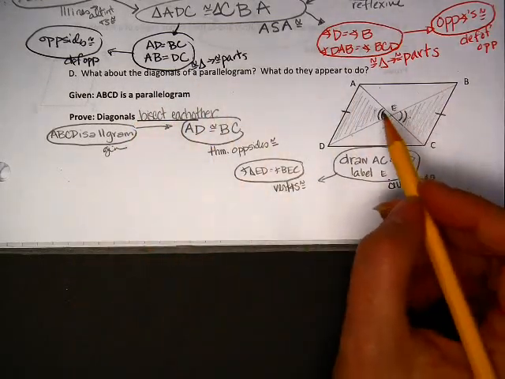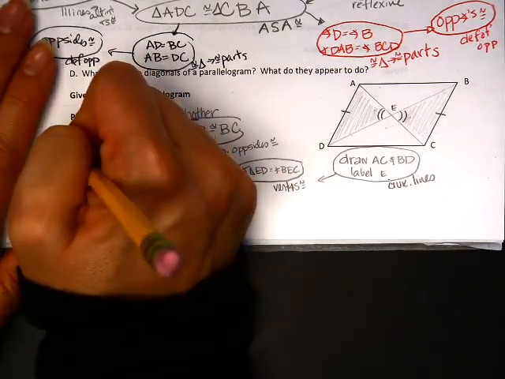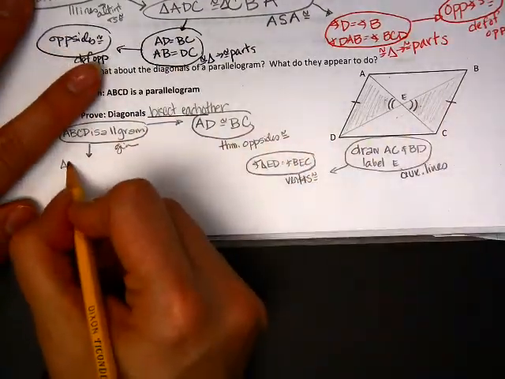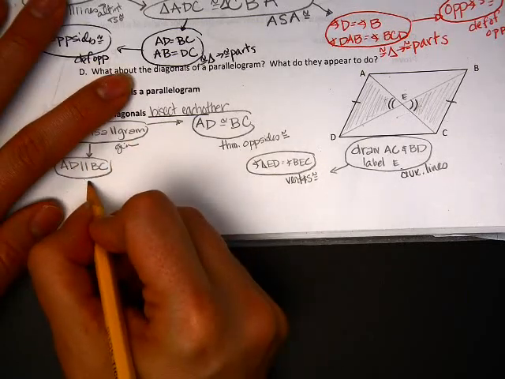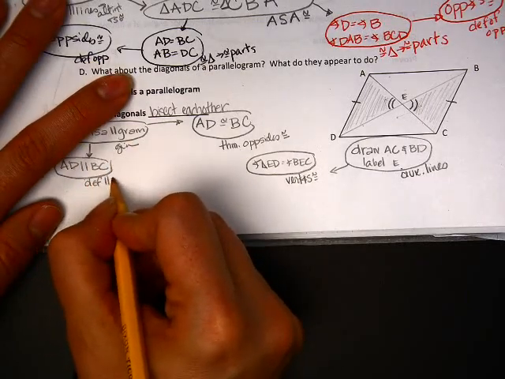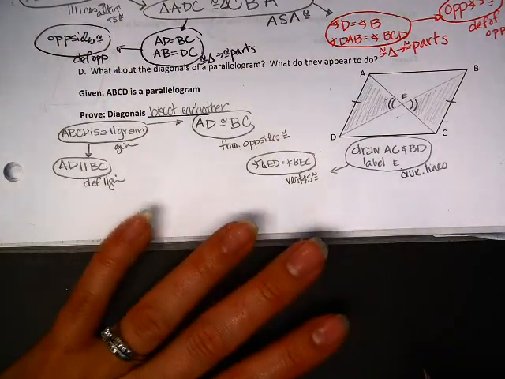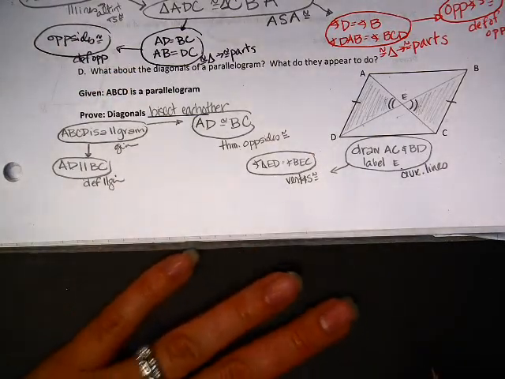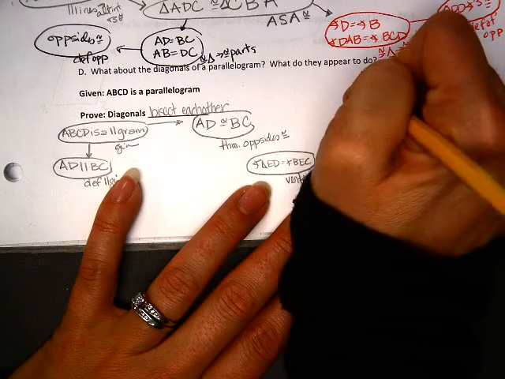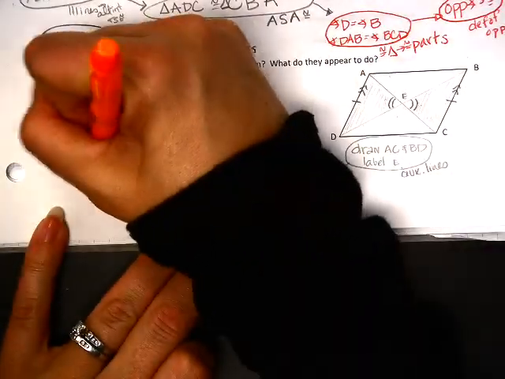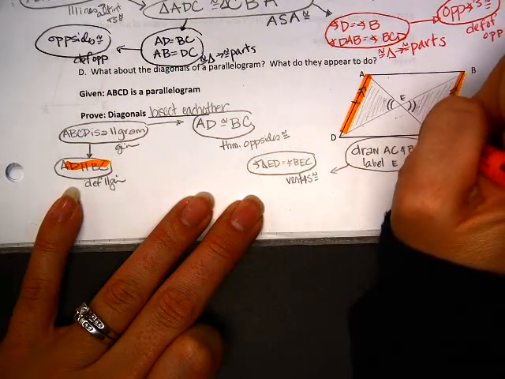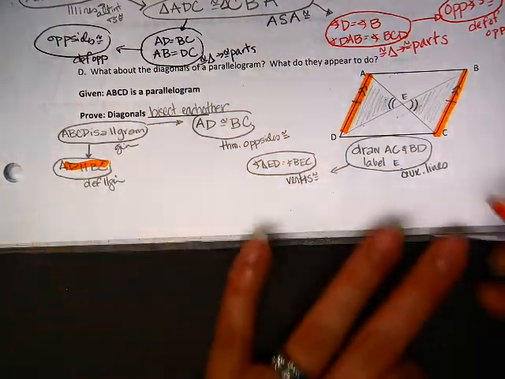I know I'm not going to be able to get these sides because that's what I'm trying to prove anyhow. But what I can do is use the definition of a parallelogram and get that AD is parallel to BC. And think about it. If you knew that those were parallel using the definition, what else could you get? Hopefully you recognize you have some angles that you can have here. Now, we've got our parallel and our parallel. You have two options of your transversal.